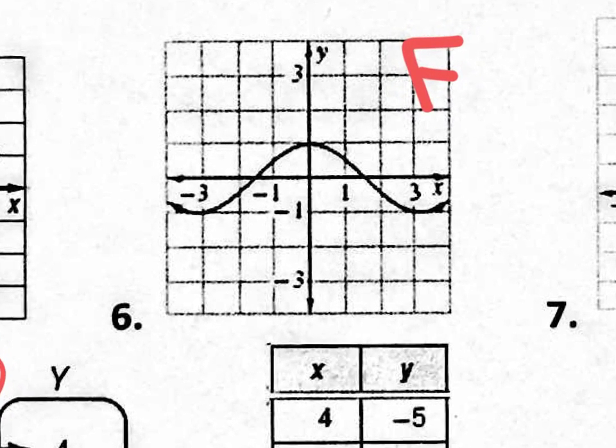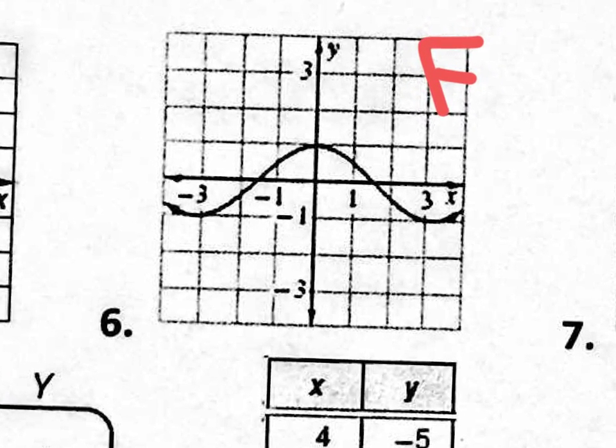What do you guys think? Just a function. Because if we try what we call a horizontal line test, that means you do a horizontal line running left to right. If it touches at more than one point, boom, like right here, it fails the horizontal line test. The horizontal line test is just to be more specific and see if it's a one-to-one. This one is not a one-to-one function.